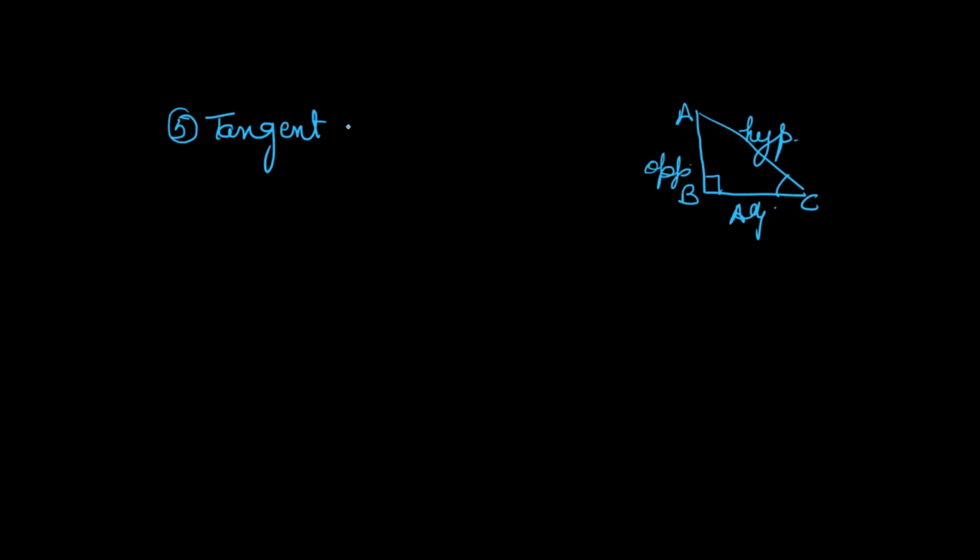The remaining two ratios, let us draw the triangle here again. Angle C, opposite, adjacent, hypotenuse. The fifth trigonometric ratio is tangent of angle C, which is abbreviated as tan C and which is opposite over adjacent.